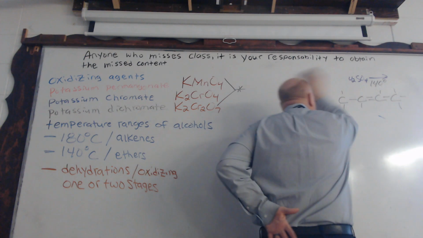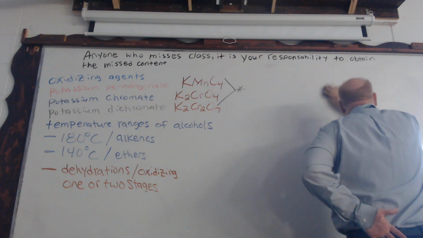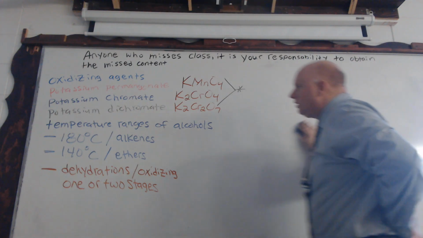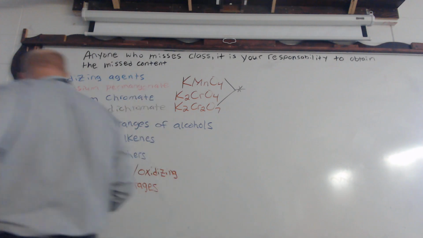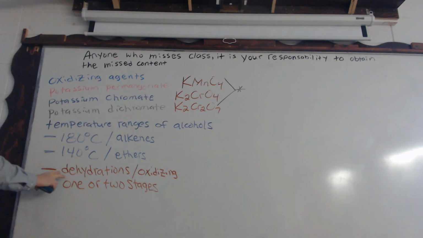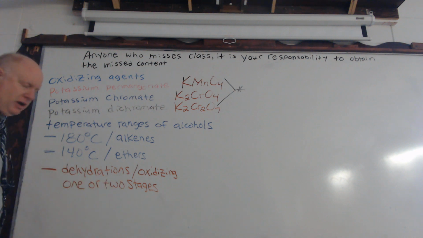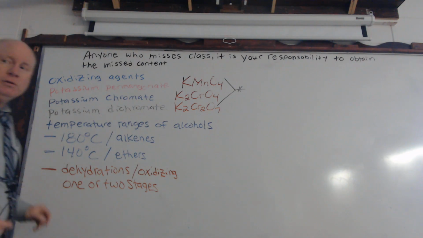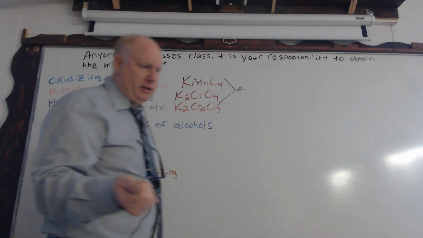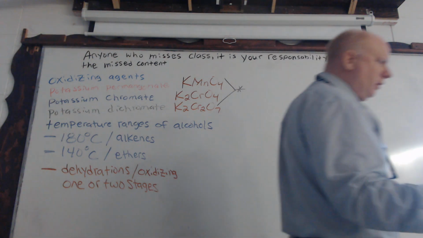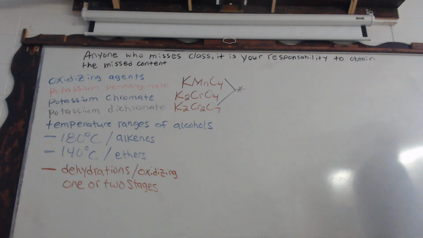With alcohols, we spent time with some of these dehydrations and then oxidizing reactions. So what I would like you to do is, if you have those charts out, the flow charts or mechanisms, refer to those.